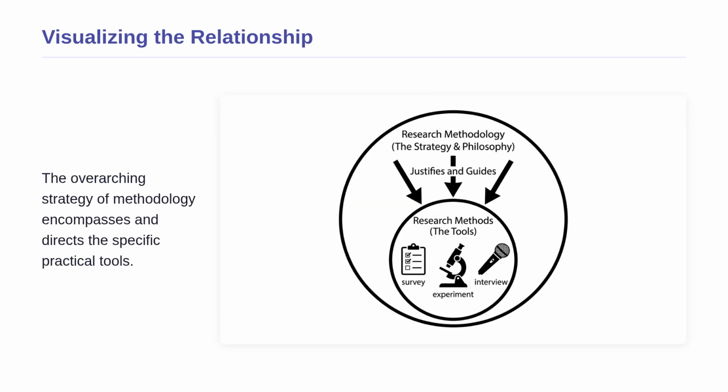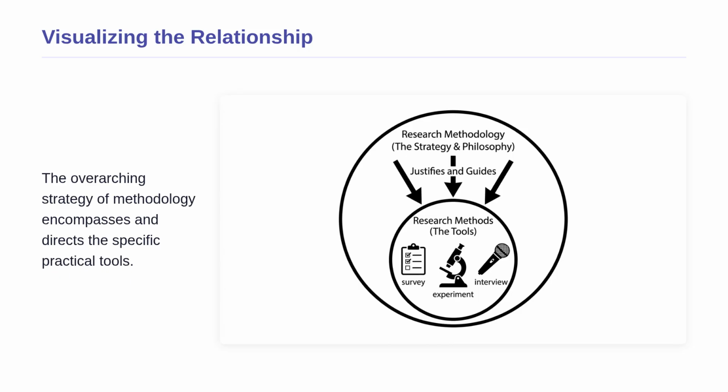Now that we have explored both concepts and applied them to examples, let us look at this visual summary. On the screen, you see a large outer circle representing research methodology. This is your strategy and philosophy. Notice how it completely encompasses the smaller inner circle, which represents research methods or your practical tools.